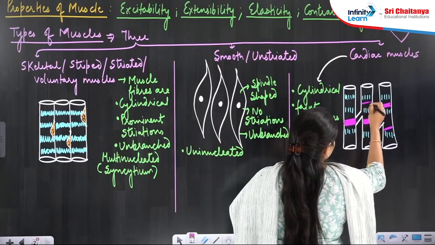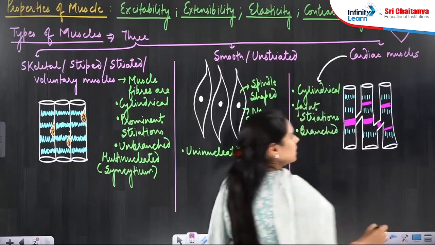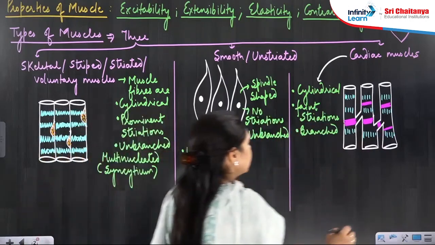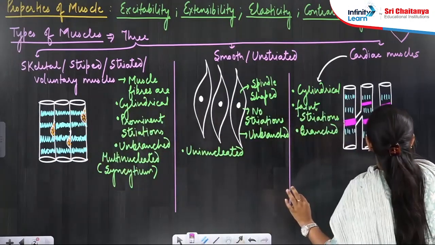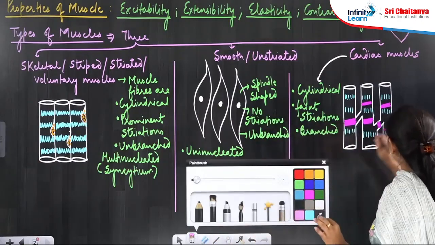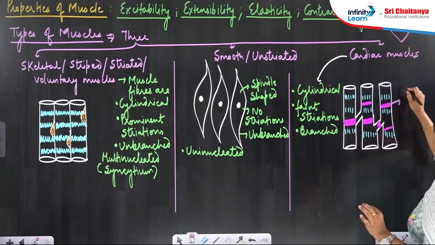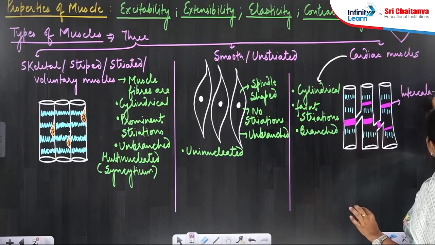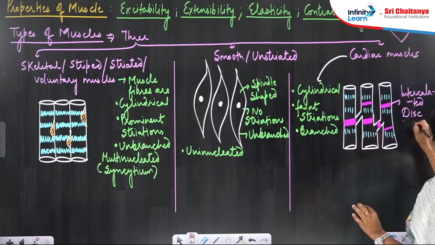Yes or no? Tell me. This is the intercalated disc, beta. So what is the name of this pink colored disc? It is, beta, intercalated disc.